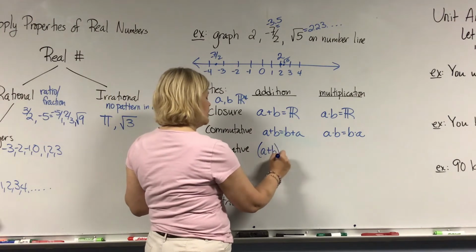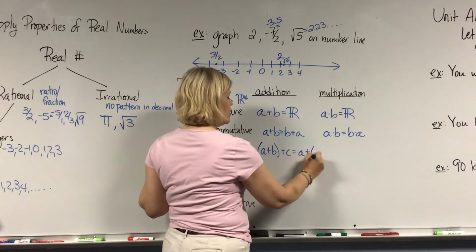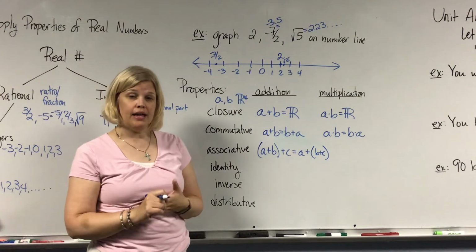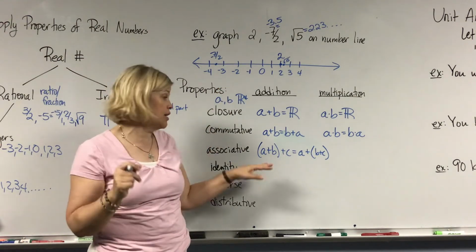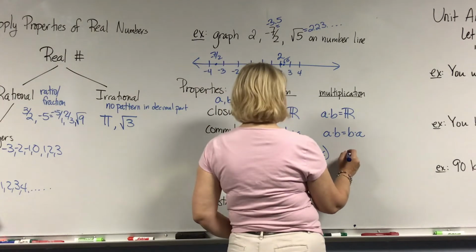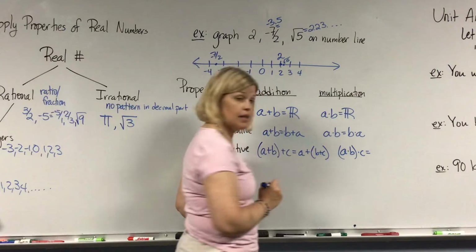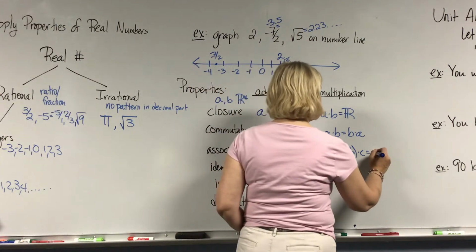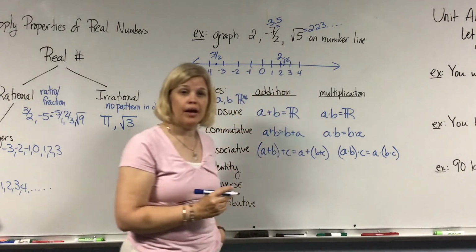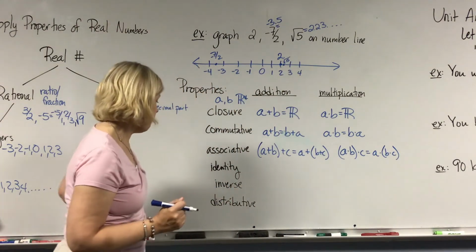So maybe A plus B plus C. It doesn't matter, you could add the B and the C first and then add the A. It doesn't matter who you associate with, you're going to get the same answer. Same thing for multiplication. You can do A times B and then multiply by C, or you can do B times C and then multiply by A. Either way, you get the same answer.